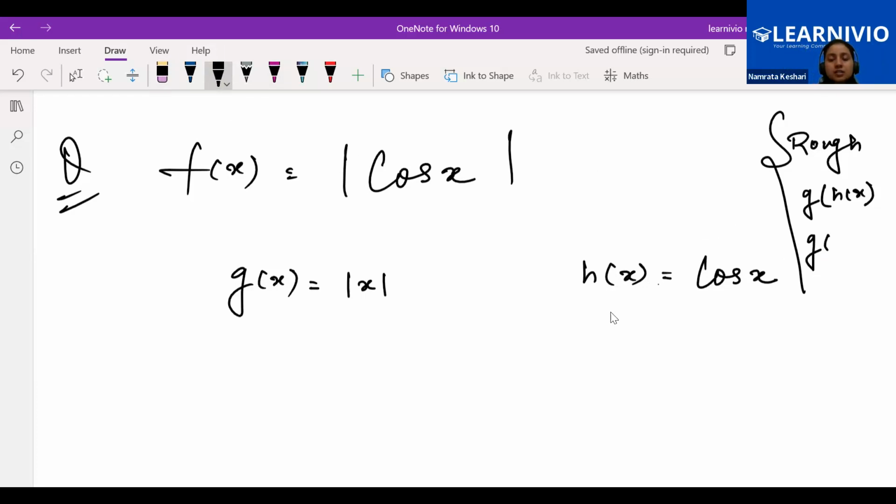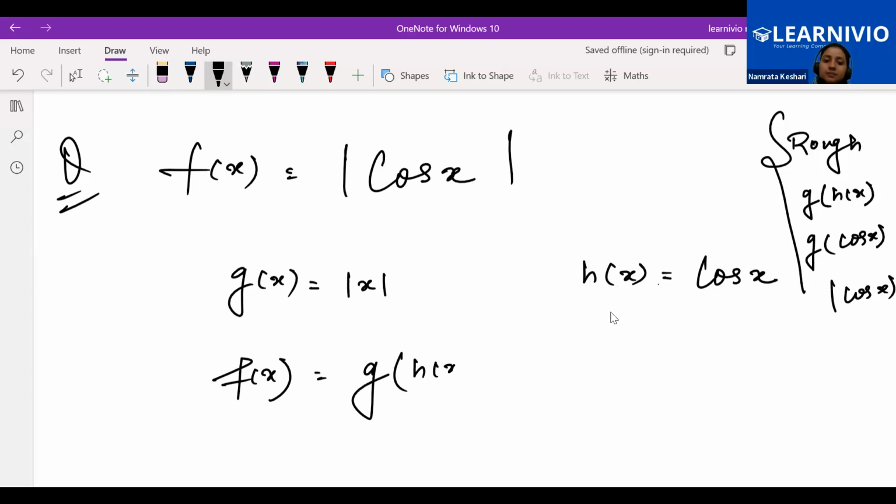h(x) is cos x. Okay, then g of cos x is, yeah, modulus of cos x. Perfect. You identified it correctly. So f of x can be written as g of h(x), right? Yes. Here we will say that this cos x function, the cosine function, is continuous everywhere, and this modulus function we have checked already.